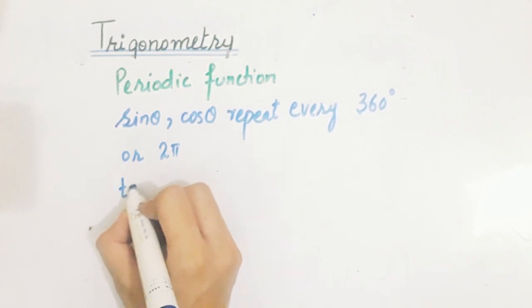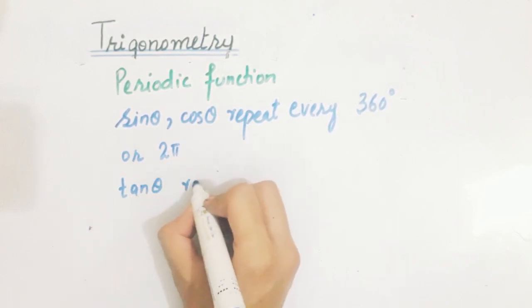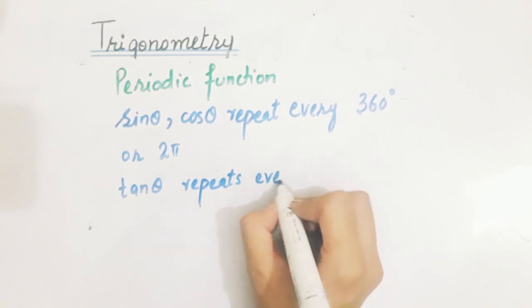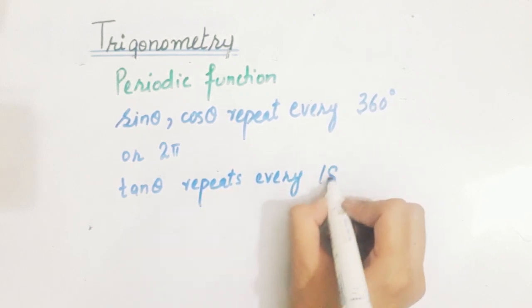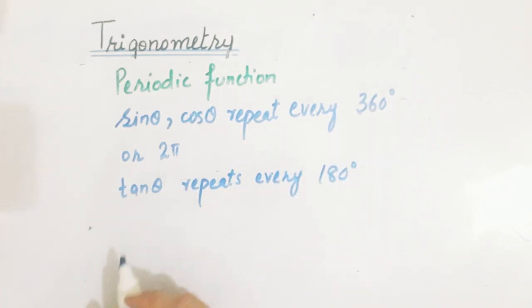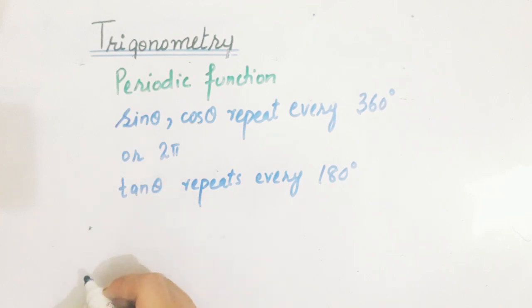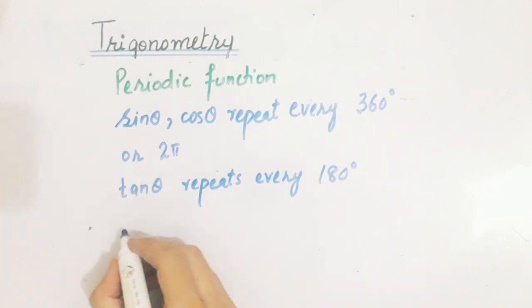And the tan theta repeats every 180 degree. So because of this repeating property of sine, cos and tan, we will say these are the periodic functions.